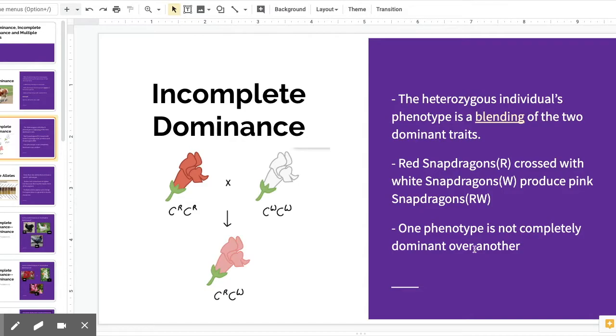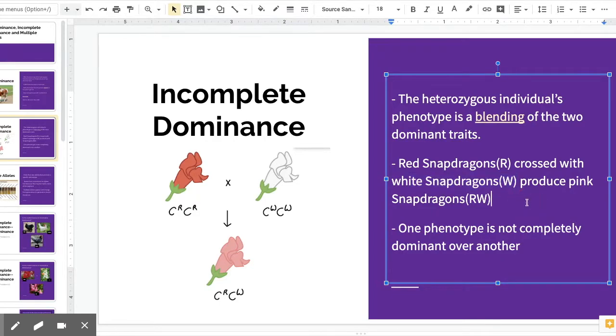We also use capital letters for this. As you can see in red snapdragons, capital R is for red, capital W is for white, and the pink is going to be the heterozygote between the red and the white. So you'll see two different letters there.